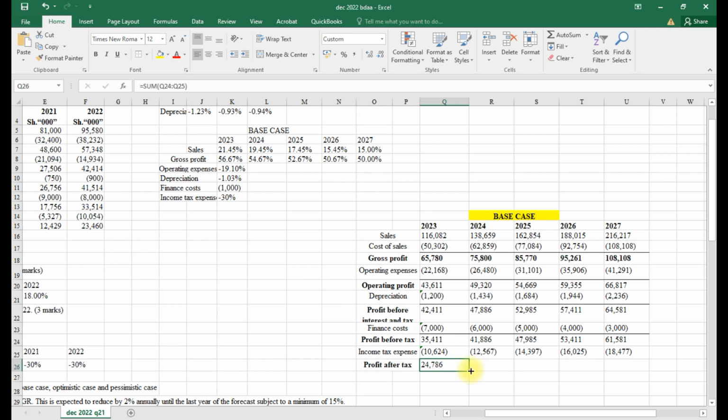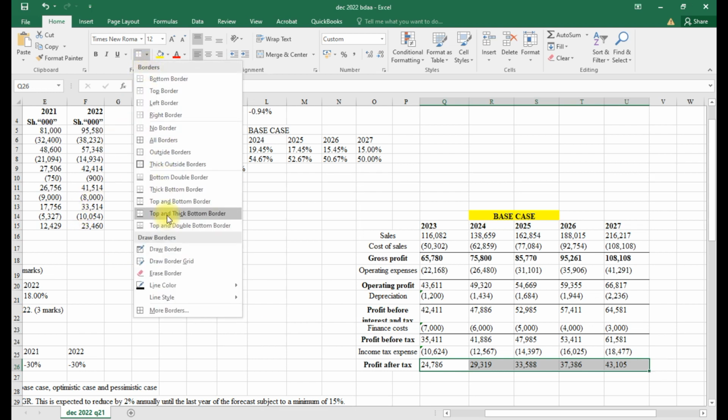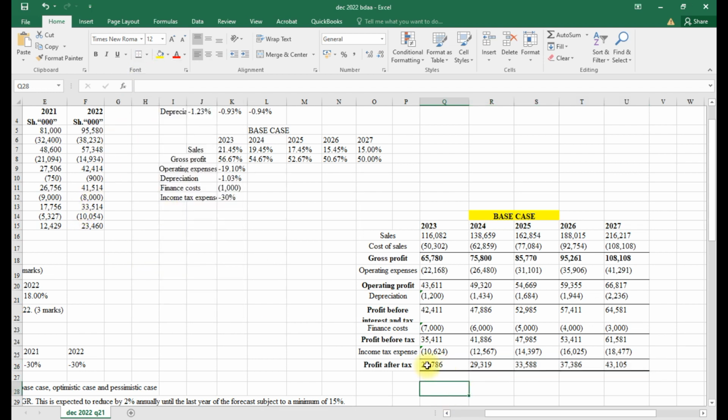And this one I drag again, that way, profit after tax. I will use top and bottom border, and I will bold this. Even this one I can bold. And that is our base case scenario.